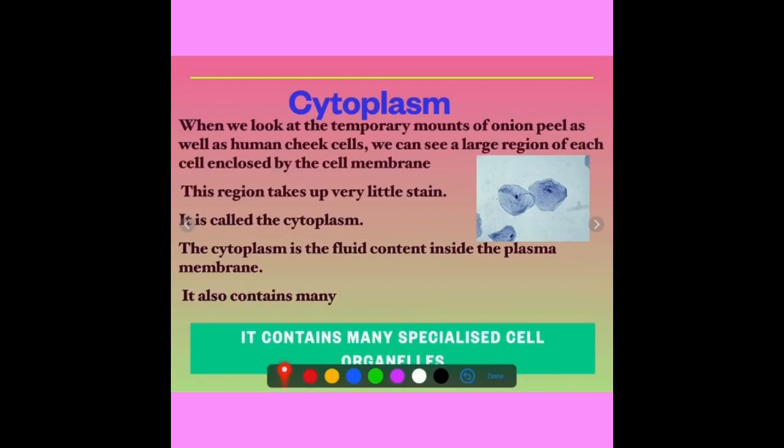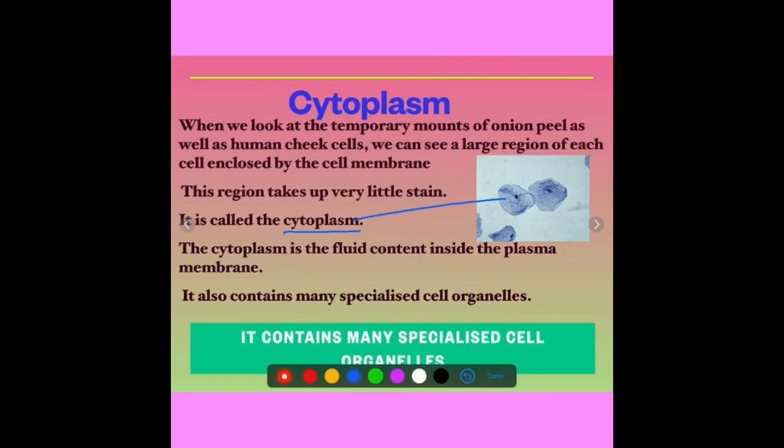If you look at the temporary stain mount of onion peel as well as cheek cell, we can see a large region of each cell enclosed by the cell membrane. This region takes up very little stain. What is this region called? It is called the cytoplasm. So this lightly stained region is the cytoplasm.